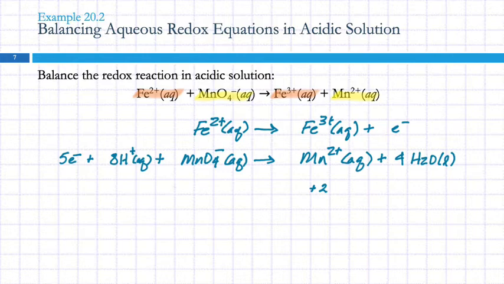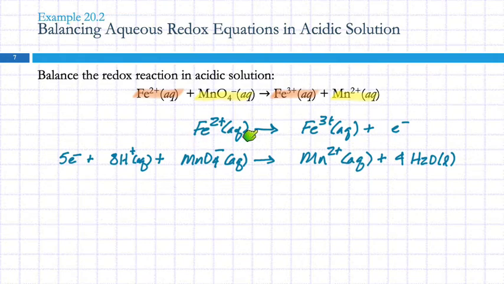We need to get the same number of electrons. So this is my oxidation. Electrons are being lost. This is my reduction. Electrons are being gained. But I can't lose 1 electron up here and gain 5 down there. So I need to find the lowest common multiple between 1 and 5, which happens to be 5.